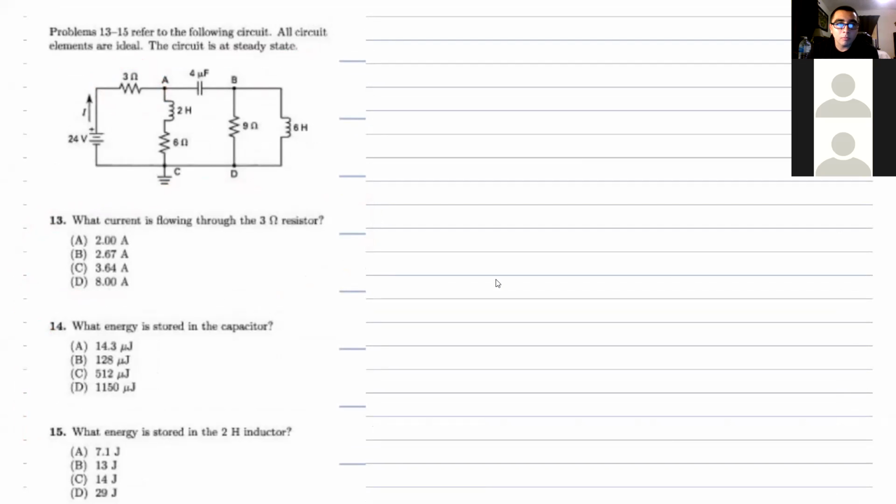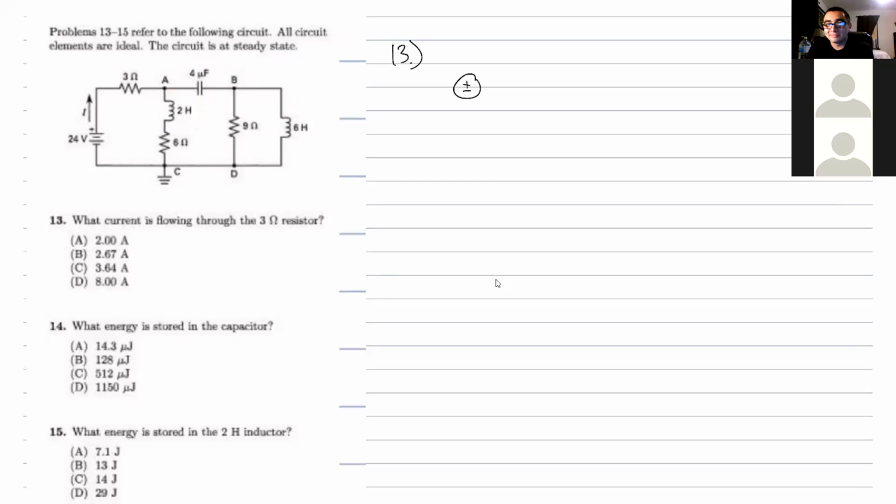The very key thing to take away from this is that it says the circuit is at steady state. So when that happens, we have to treat a bunch of things very differently, okay? So you might get intimidated, see that there's a capacitor, inductor. You might think like, oh crap, what am I gonna do, right? But it's actually very easy.